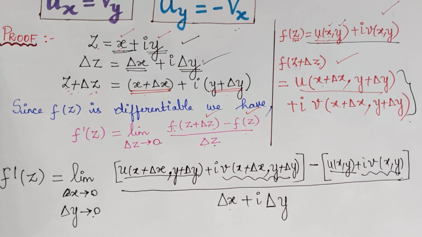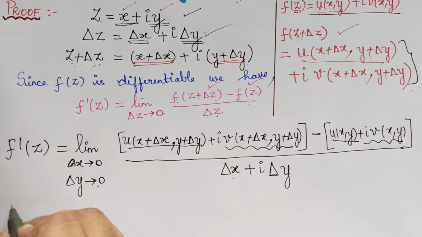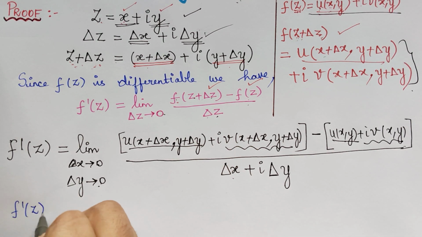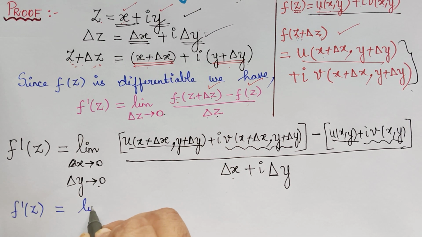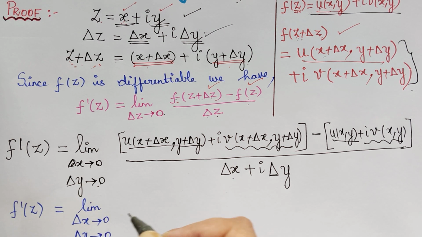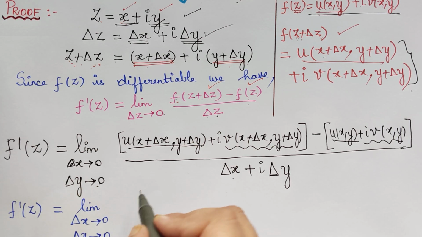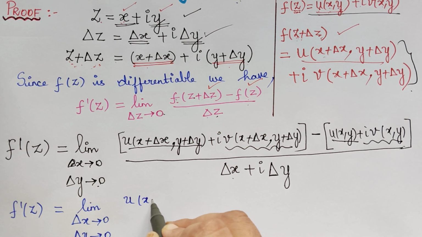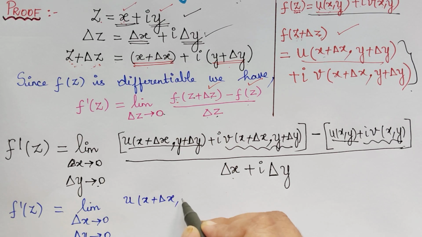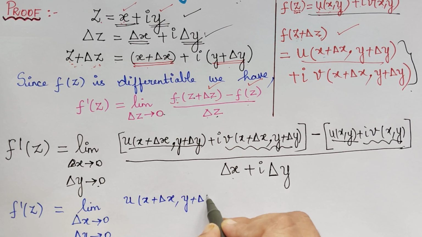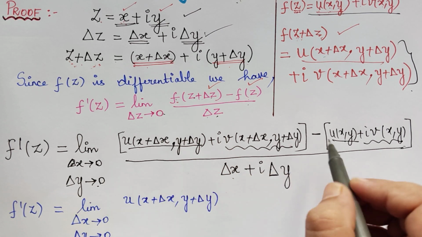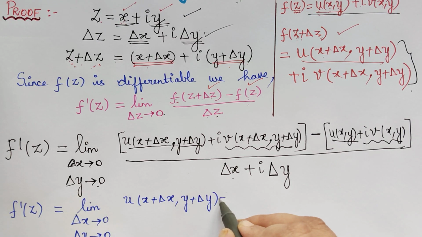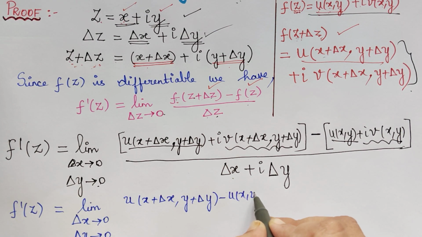So from this we have f dash of z is equal to limit delta x tends to 0, delta y tends to 0. In the numerator, what is the real part? u of x plus delta x, comma, y plus delta y. So this one minus, we have minus here. So minus u of x comma y.